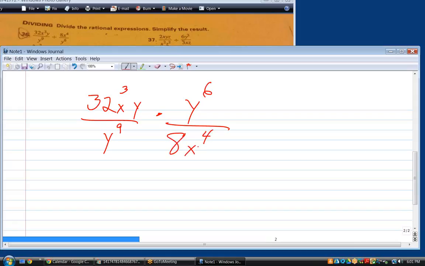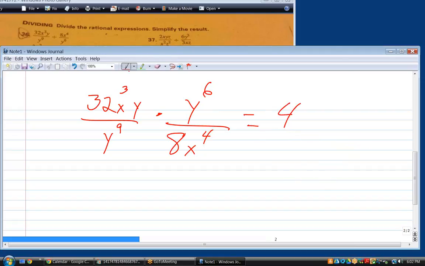Okay, now let's simplify it. Start with the numbers. So 8 goes into 8 once. Hold on, 8 goes into 32 four times. Okay, so the number is 4 in the numerator.